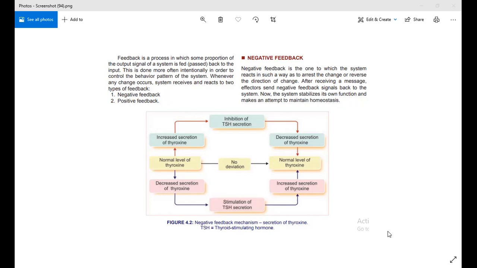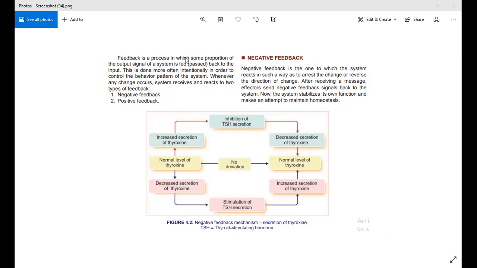So in homeostatic mechanism, you have a process. That process has an input, and that input leads to an output. But that output is reported to the input. That is feedback. So the output gives reports or sends signals back to the inputs.